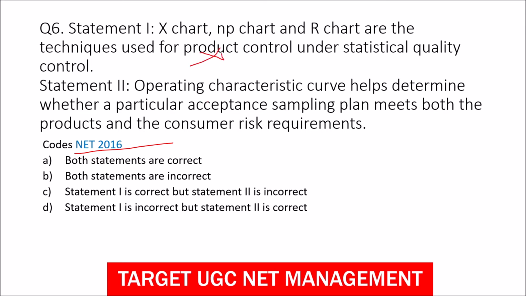Statement 2. Operating characteristics curve helps determine whether a particular acceptance sampling plan meets both the producer's and the consumer's requirement. True. So the correct option is option D. Statement 1 is incorrect, but statement 2 is correct. It is not related to product control, rather it is manufacturing control.